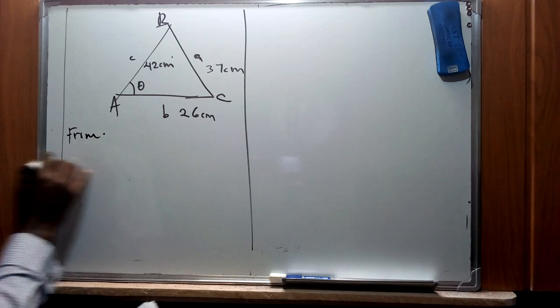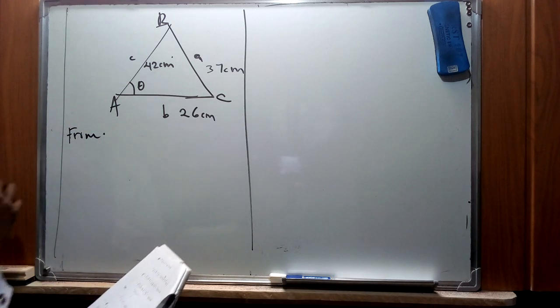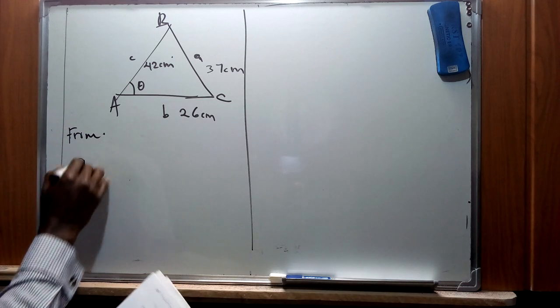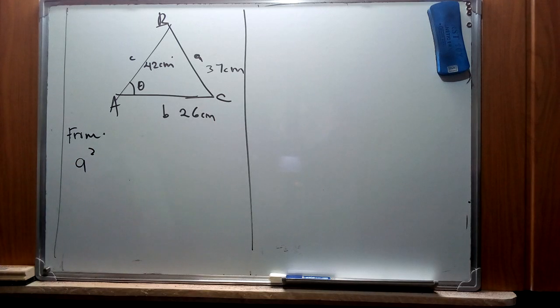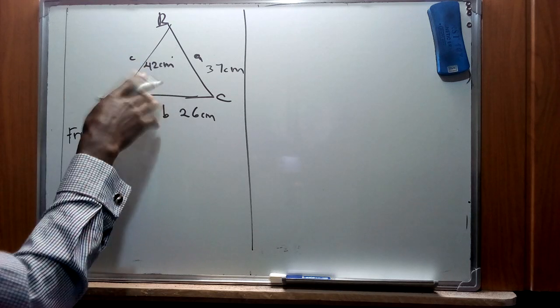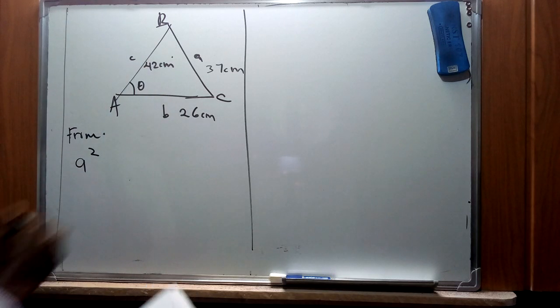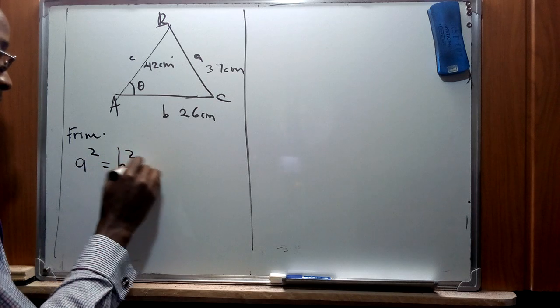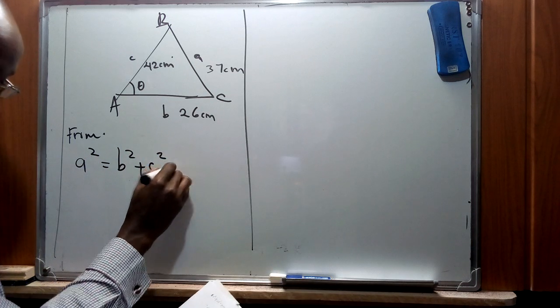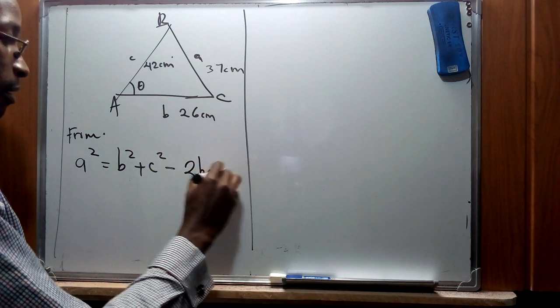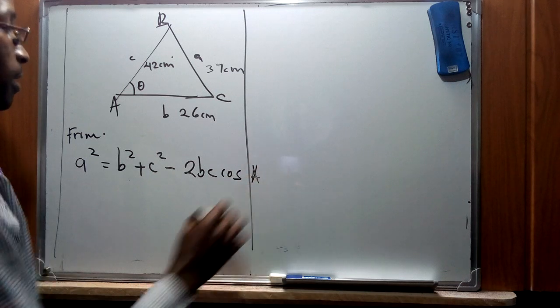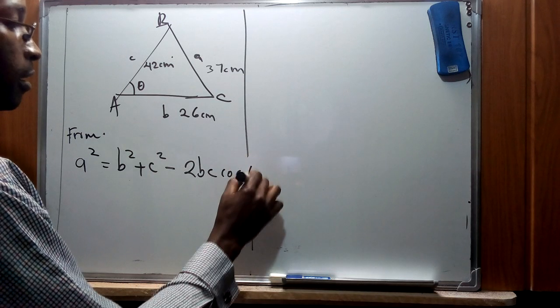The cosine rule states that, for any side arbitrarily, a squared can be represented by b squared plus c squared minus 2bc the cosine of theta, or angle A.